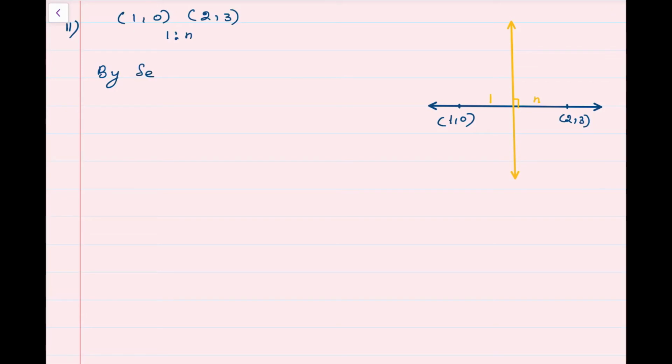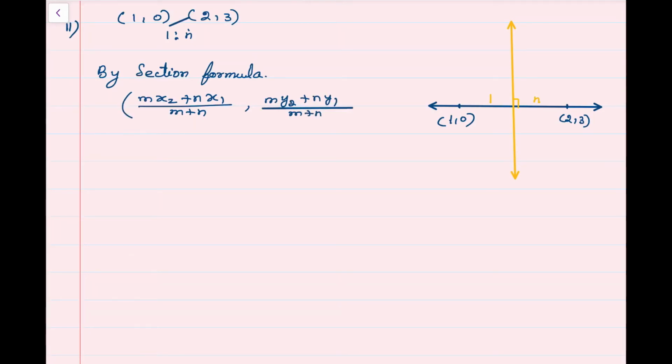Therefore, by section formula, we will use the internal division formula: (m x2 plus n x1) divided by (m plus n), and the y coordinate is (m y2 plus n y1) divided by (m plus n).